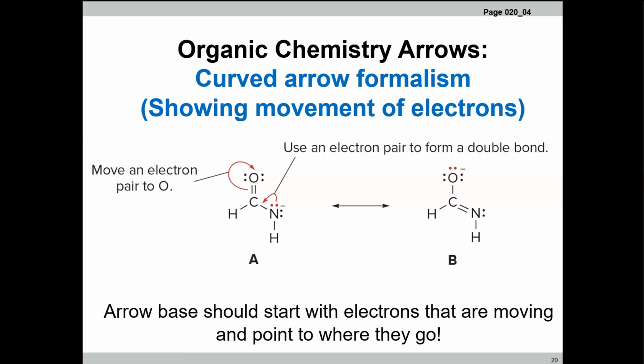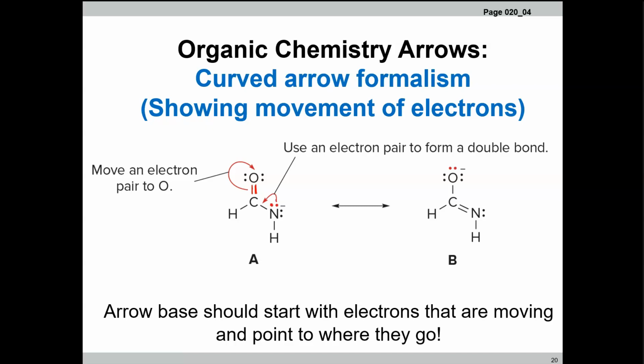So what you can see here is this is called curve arrow formalism, and we're going to show the movement of electrons. So you can see here that we have a double bond, and we spoke earlier that those double bond electrons can move and rearrange themselves. And we have a lone pair on the negatively charged nitrogen up on top.